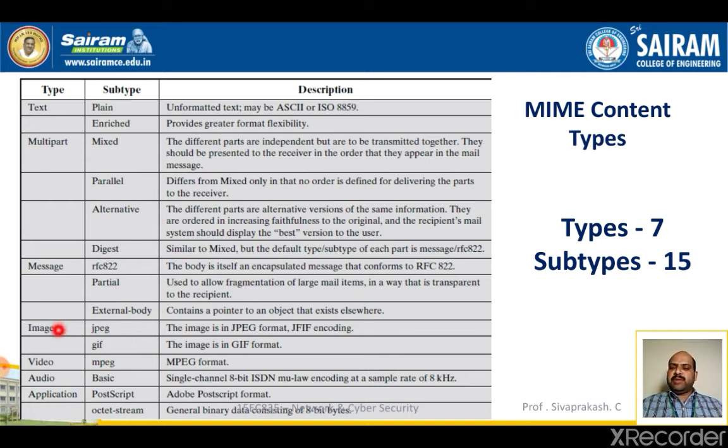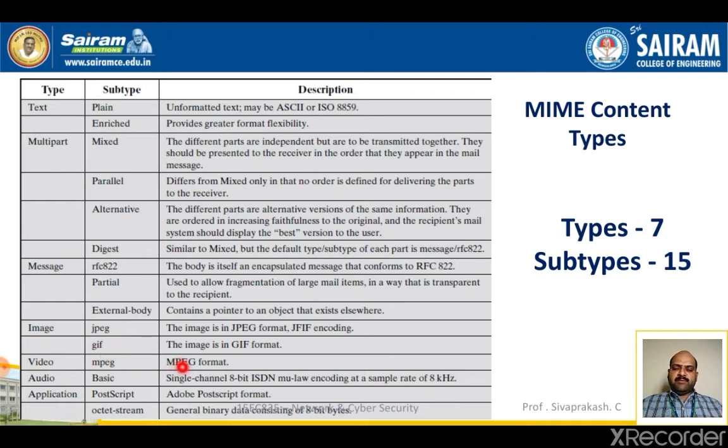Next type, image. Under image, the subtypes are JPEG and GIF. The image in JPEG uses the JFIF encoding format, whereas the image in GIF is in the GIF format. Video is in the MPEG format.